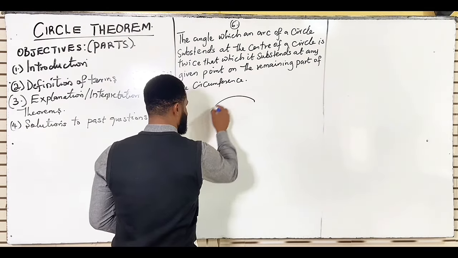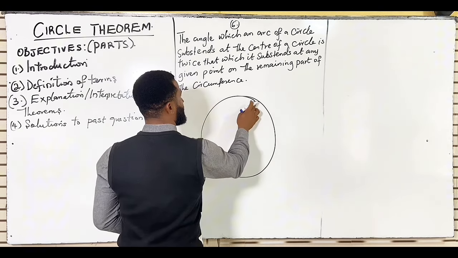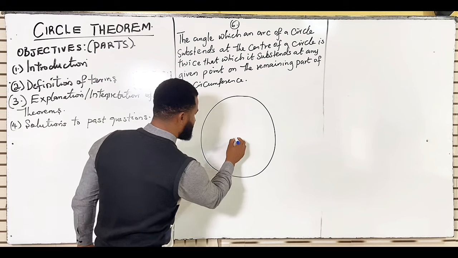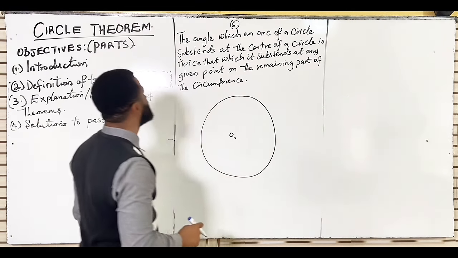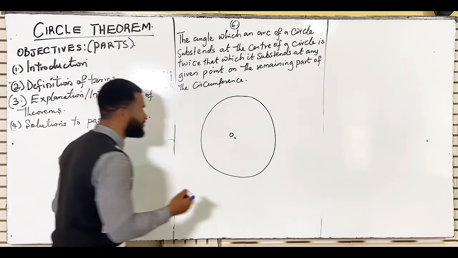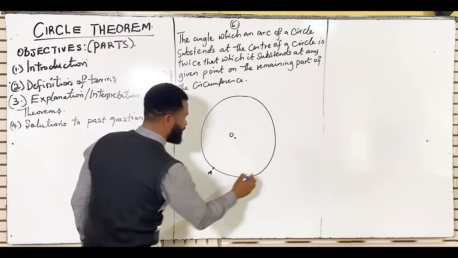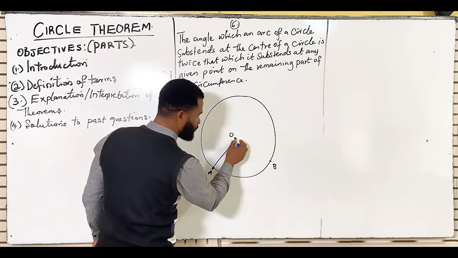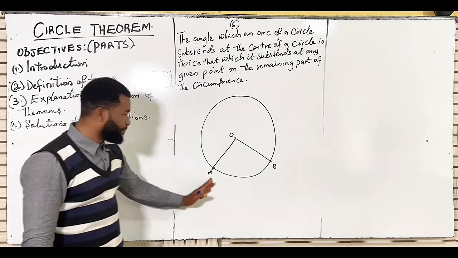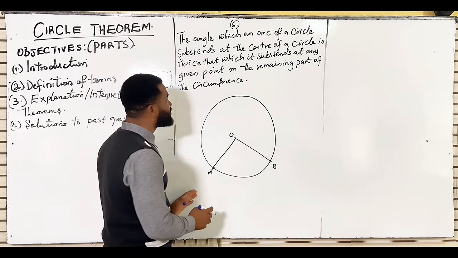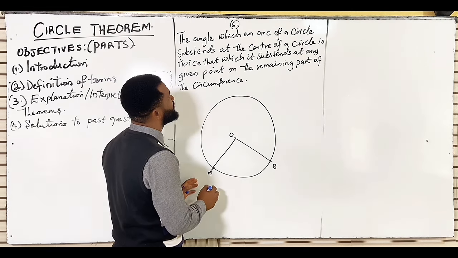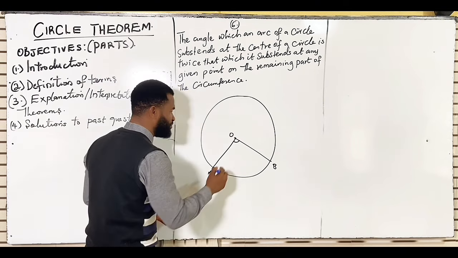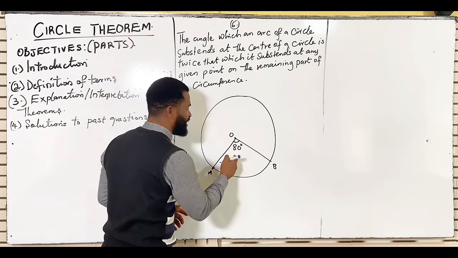All right, look at this. If this is the center of this circle, O, let me get an arc. Let me get this point A and this point B. This is an arc from A to B. The angle which this arc subtends at the center, this angle here, let me assume it subtends 80 degrees at the center.